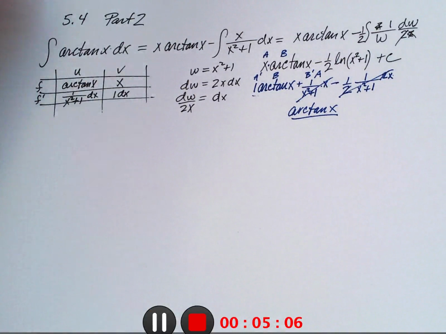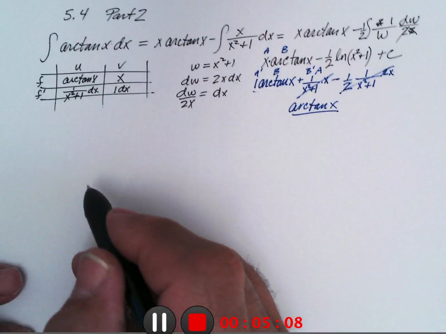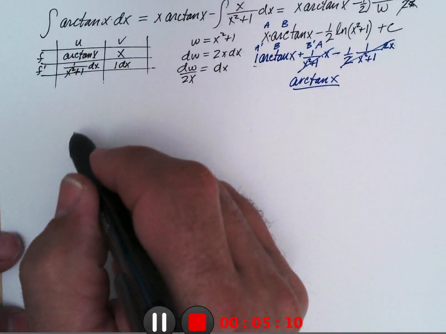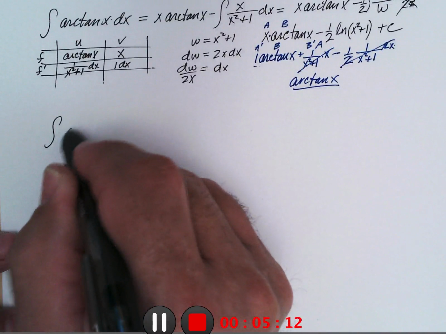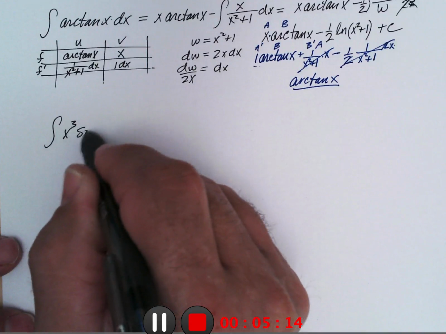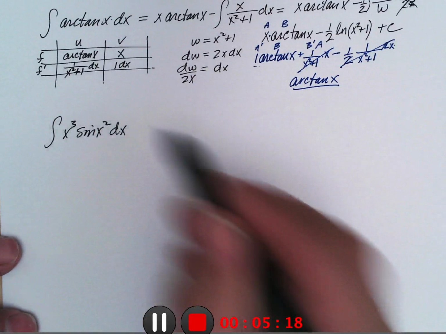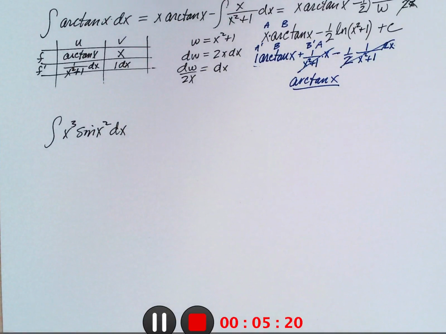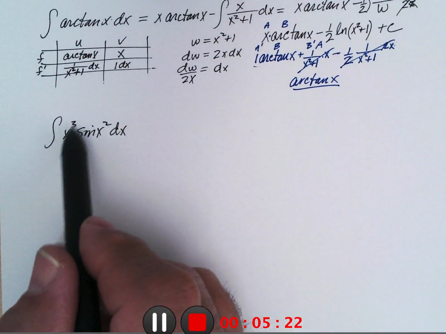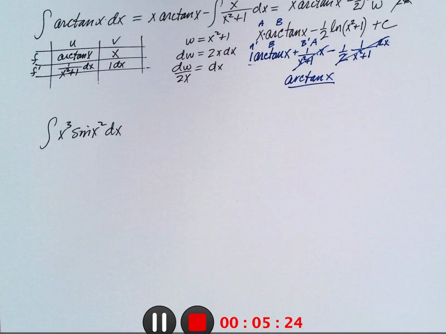Okay, the next problem I want to do is the integral of x to the third sine of x squared dx. And they tell you to think of x cubed in the book as x squared times x.